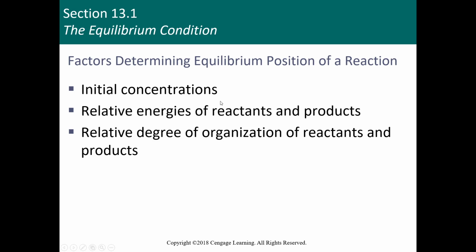Well, initial concentrations, relative energies of reactants and products, and the relative degree of organization of reactants and products are the three major factors. And I'll go into more detail on each of these, and we're going to use some different visual representations that you can use in your head to help you envision these, but this is your overall introduction to these.